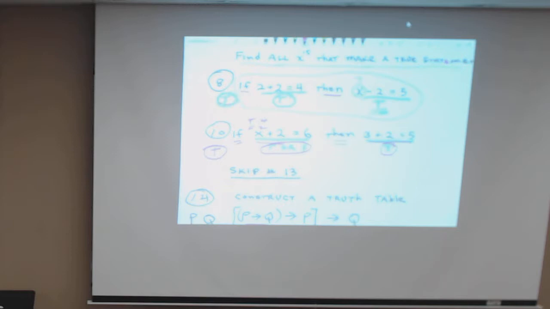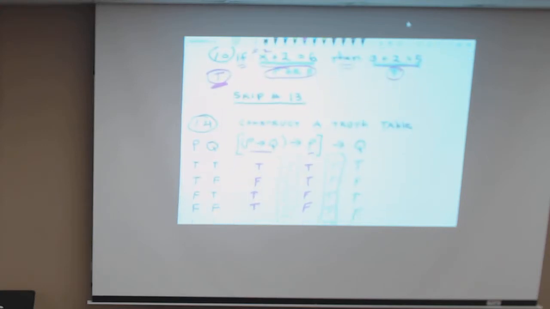Any number. It wouldn't matter what I put there. If I put 4 there, it's a true statement, but it's okay if it's a false statement. It's still a true conditional, a true if-then statement. So I could put any number in place of X, and I haven't lied to you when I've said if-then.